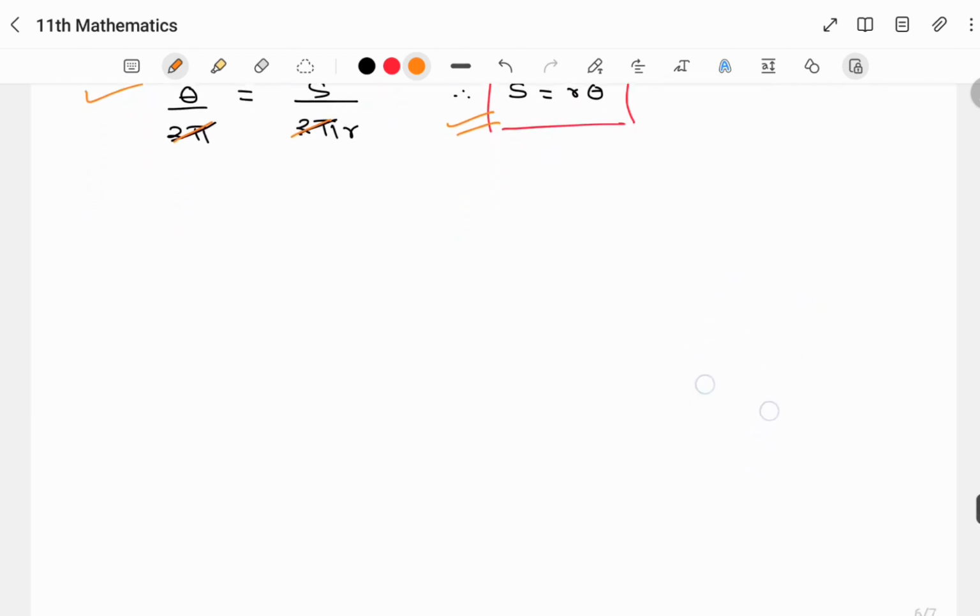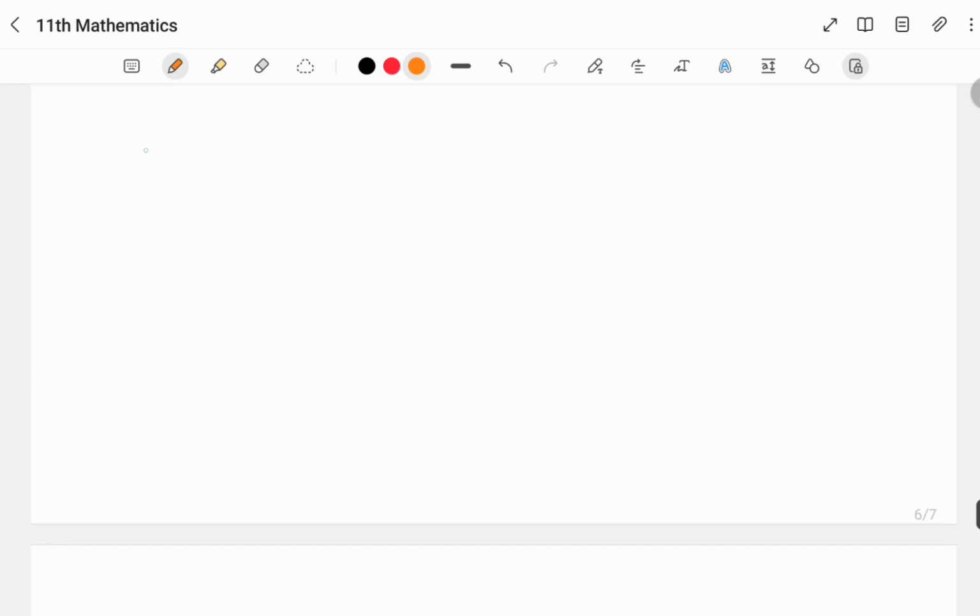So the final relations that you need to remember are the area A of the sector, when the arc subtends an angle theta at the center, is half into r square into theta, and the length of the arc S is r theta. The only thing you need to remember here is that theta is measured in radians.